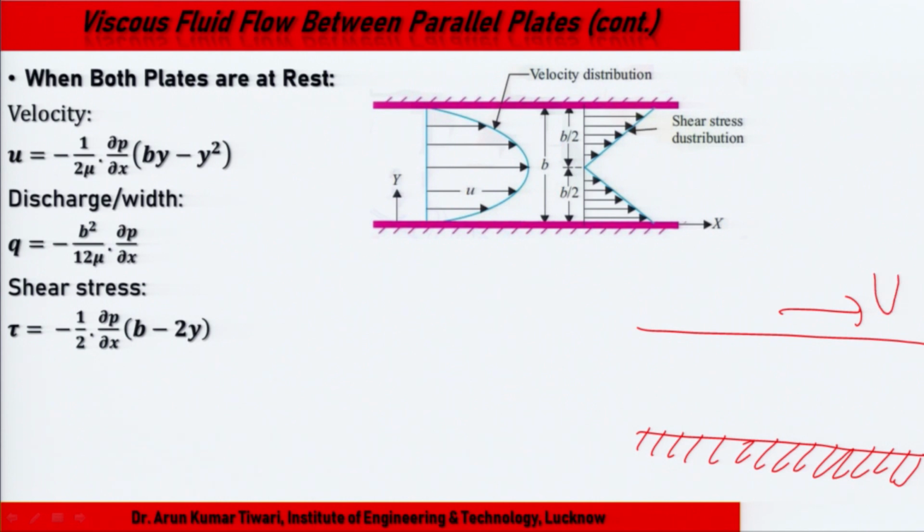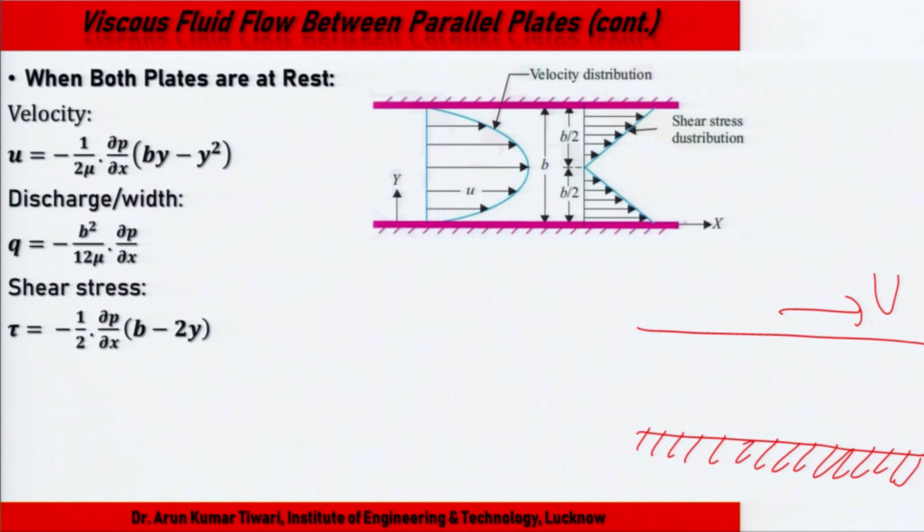In most applications, both plates are fixed, and we have to calculate the velocity, the discharge, and the shear stress distribution. In Couette flow we derive a similar expression, but the condition is different. There one plate is fixed and the other is movable, but in this case both are fixed.